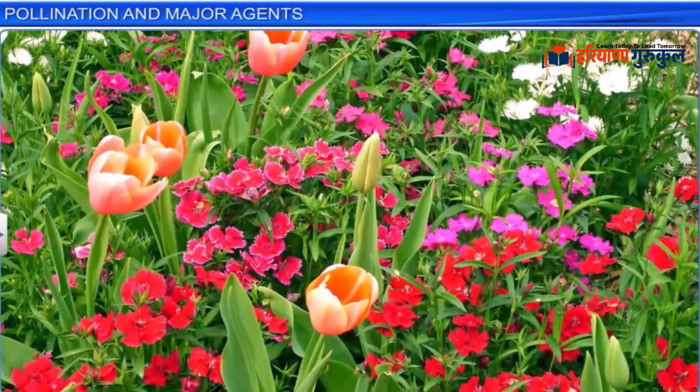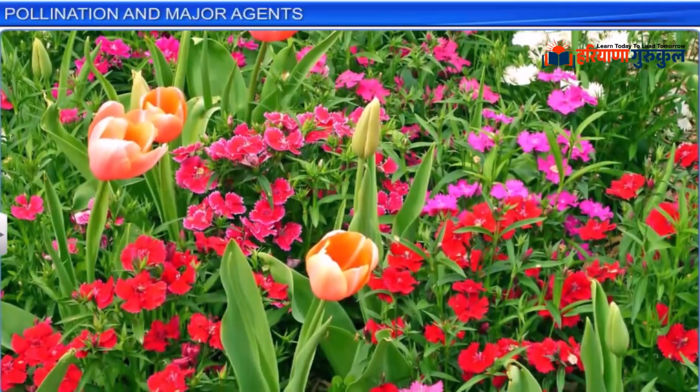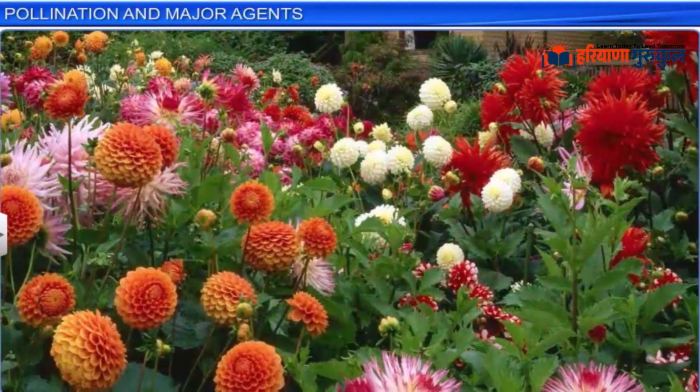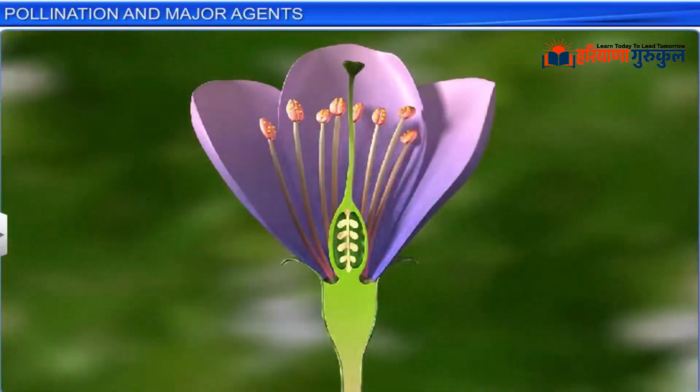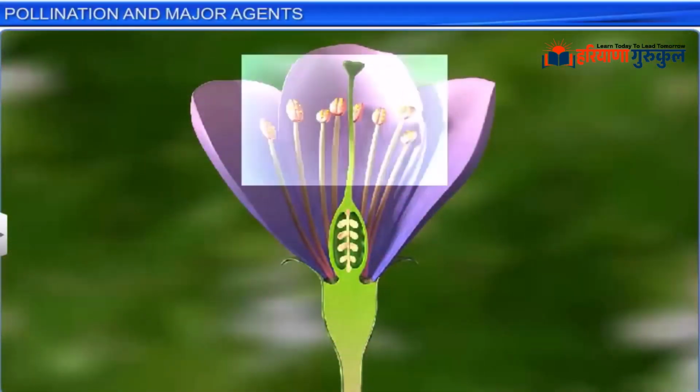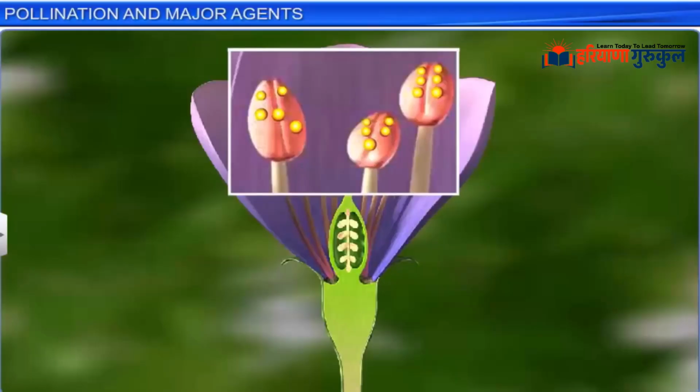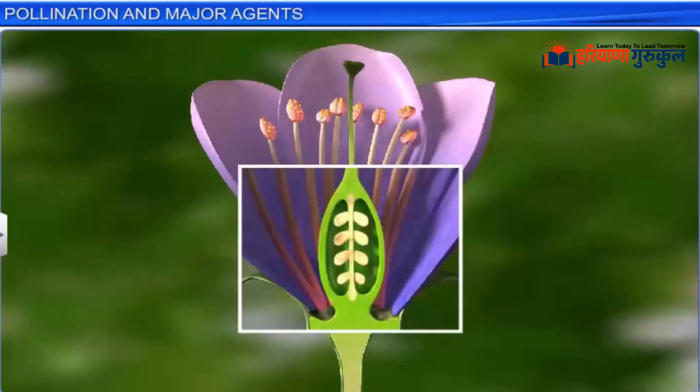Flowers are mainly responsible for bringing about fertilization and seed formation. To facilitate fertilization, it is necessary that the male gametes inside the pollen grains and the female gamete inside the ovule are brought together.